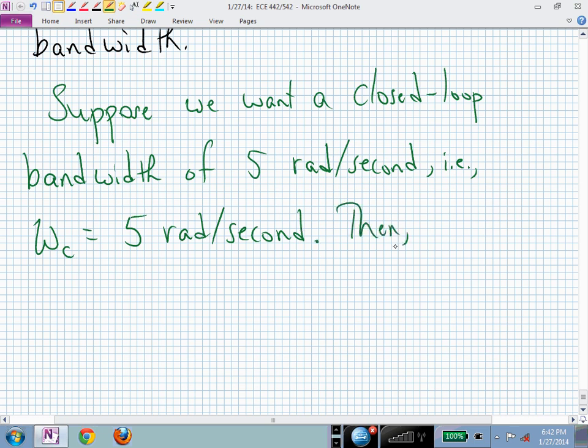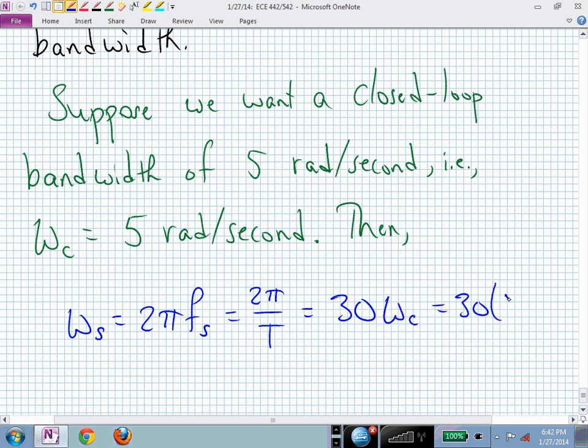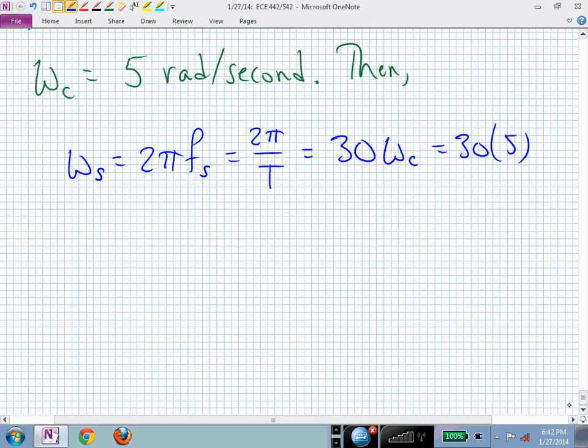If our closed loop bandwidth is 5, what's our sampling frequency? And we said that needs to be 30 times omega c. Or in this case, that's 30 times 5.